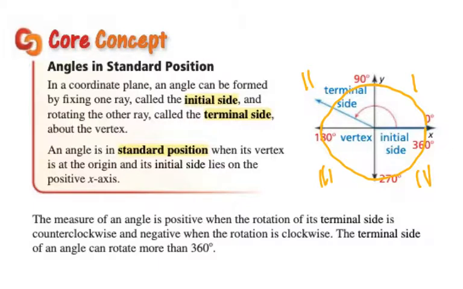Remember, my ray always starts here at 0, that's my initial side, and wherever I end up drawing that angle, the other ray is the terminal side, that's where it ends, and it's showing me that angle measurement.